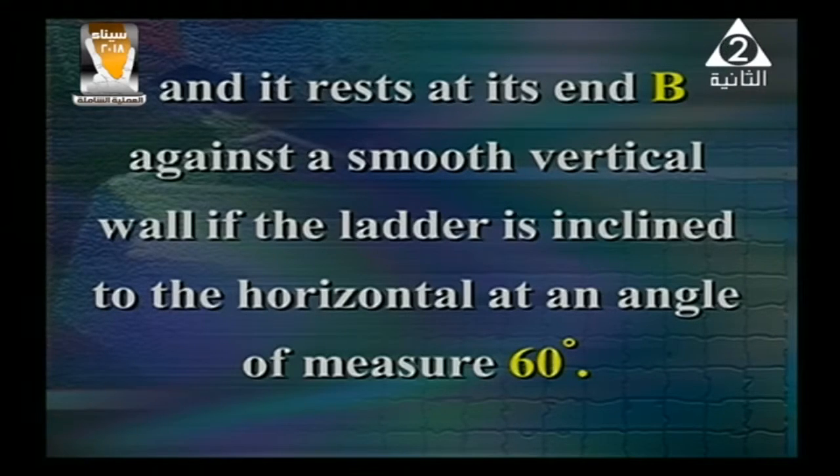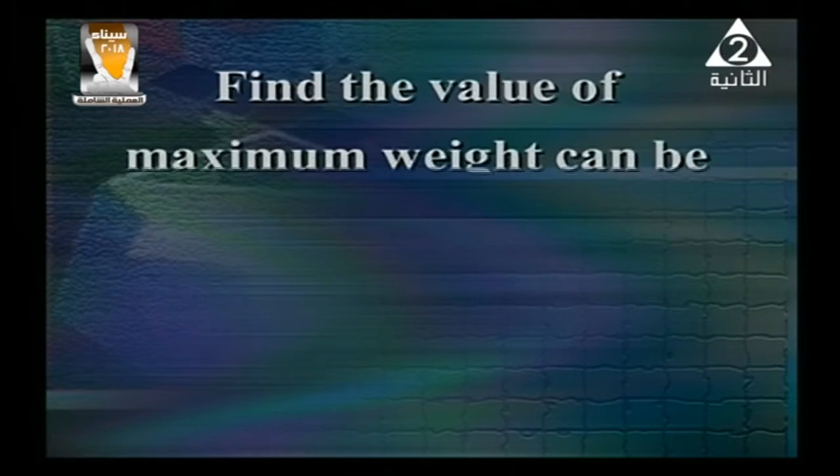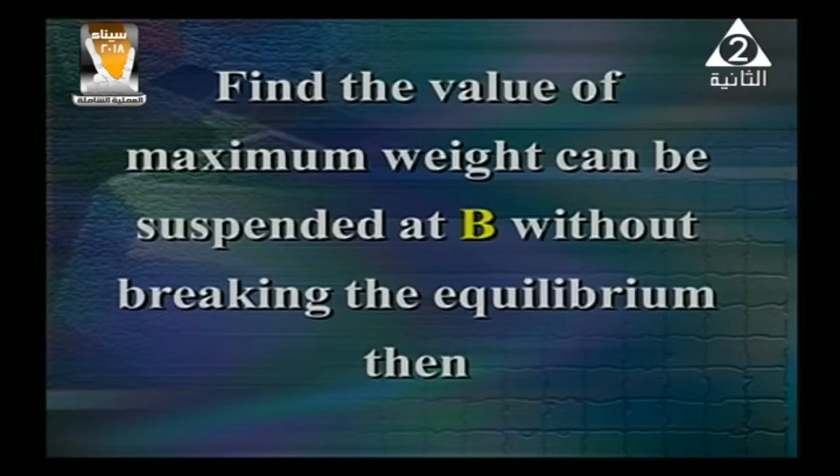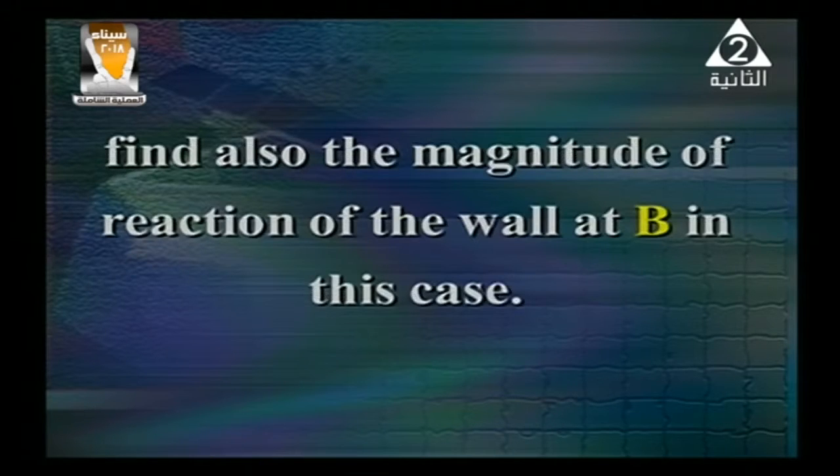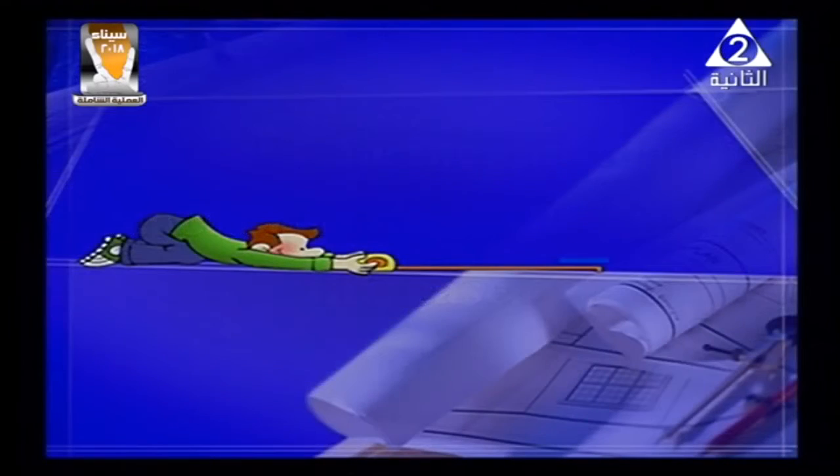If the ladder is inclined to the horizontal at an angle of measure 60 degrees, find the value of the maximum weight that can be suspended at B without breaking the equilibrium. Then also find the magnitude of the reaction of the wall at B in this case.